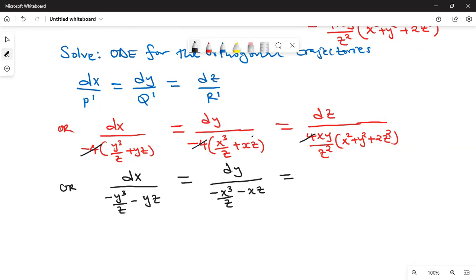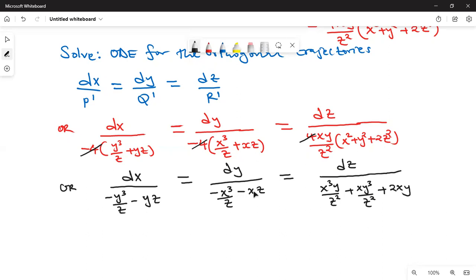This should also be equal to dz over, let me open the bracket. This will give us x cubed y over z squared. The other term will give us xy cubed over z squared, so plus xy cubed over z squared. And the other one is plus 2xy. So that's what we get.